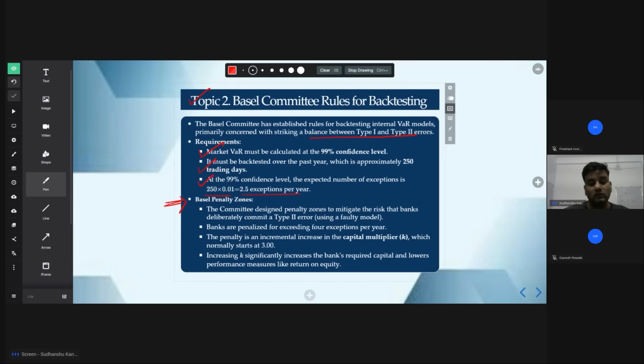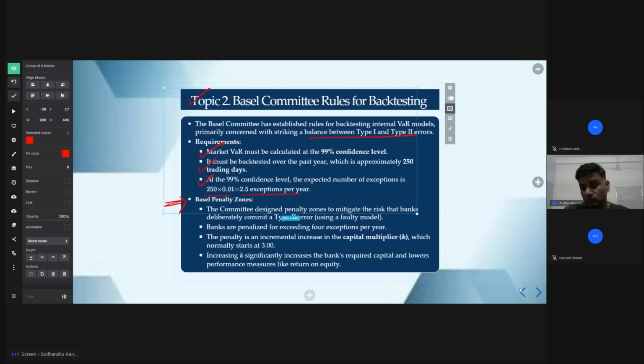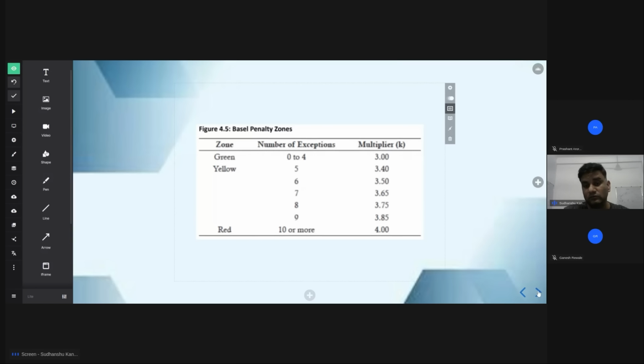If your exceptions are between 0 and 4, it is a good zone, a green zone. The capital multiplier is 3 in that case. So you are in a safe place. The model is reliable, no penalty. This is the default multiplier.